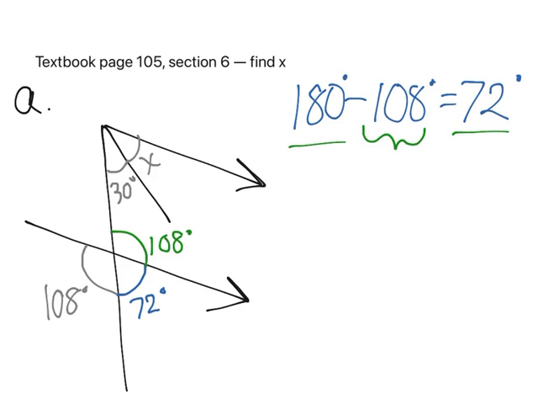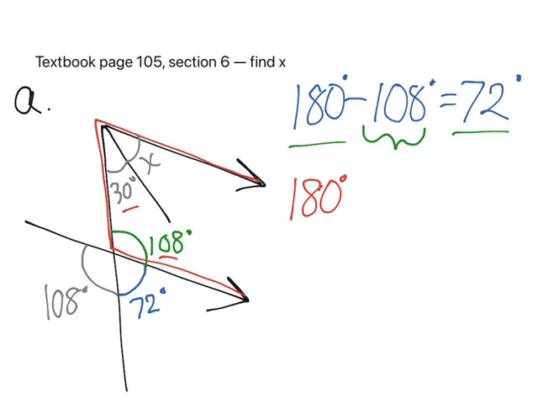How are we going to do that? Well, we're going to think about our interior angles. We know that our interior angles equal 180 degrees. And we are given two angles already, 30 degrees and 108 degrees.